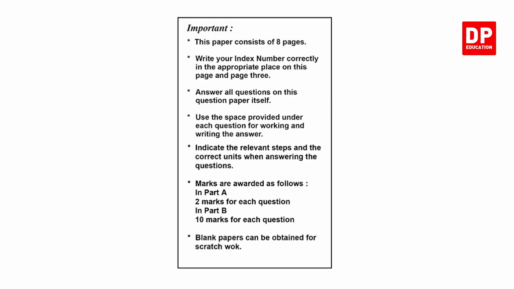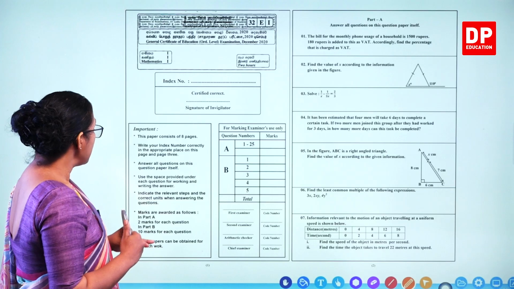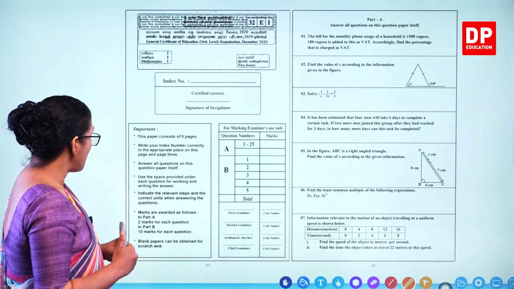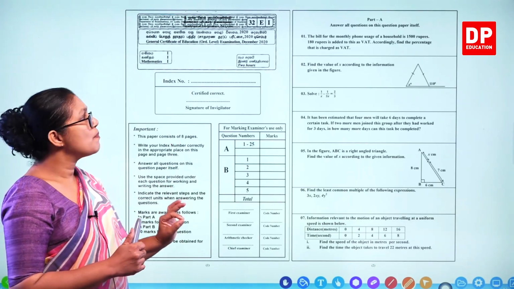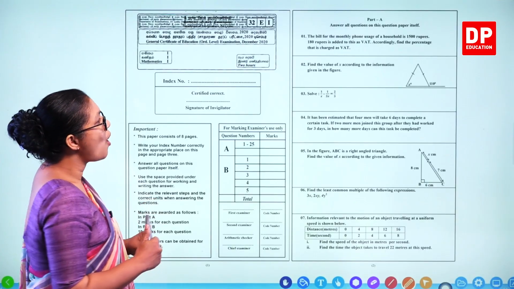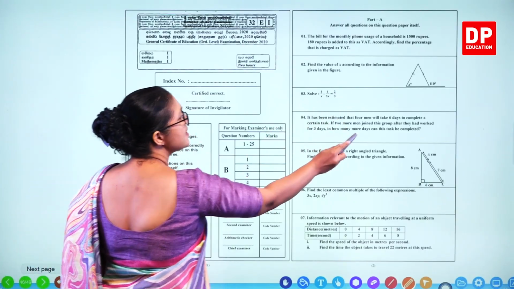In part B, you get 5 long questions and you have to answer all the questions. Each question is worth 10 marks. Blanks are there, so in this paper you can give all your answers in the space provided.